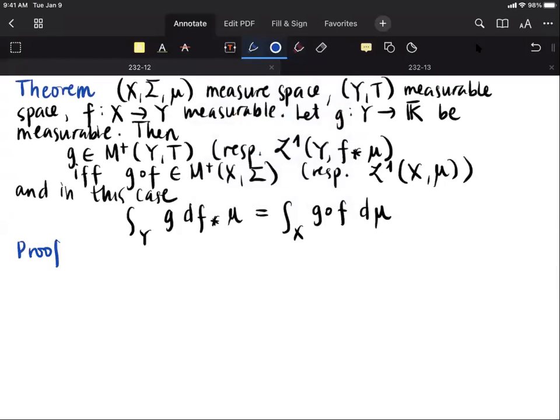So let us look at the proof. Let's start with an A in tau, that is the sigma algebra on Y. And suppose we consider a special case where g is the characteristic function.